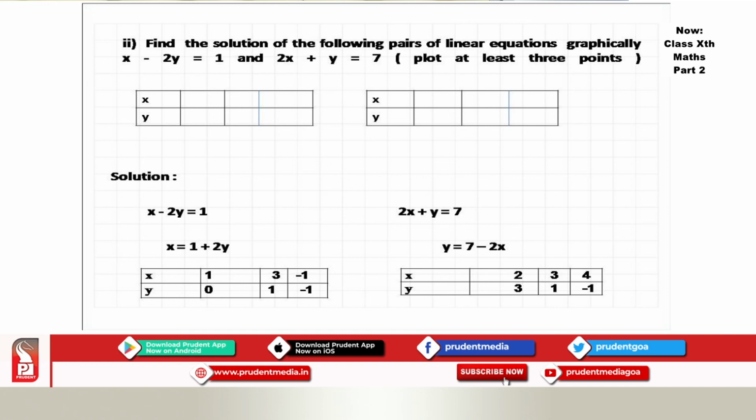Once I substitute that 0, 2 multiplied by 0 is 0, and I am getting x is equal to 1. In the second step, I have taken the value of y is 1. So 2 ones are 2, 2 plus 1 is 3. So I am getting the value of x is 3.